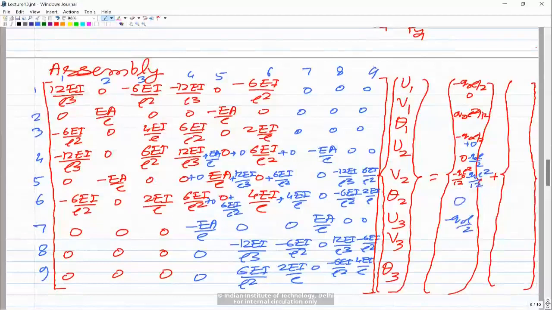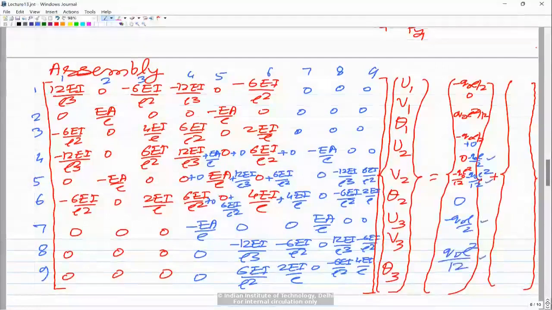So now we have first, second, third, this is fourth, this is fifth, and this will be sixth, q naught L square by 12, because this term is negative, this is negative, this is negative, and this is positive because it was negative. So this is the assembled load vector, and these are the 9 rows: 1, 2, 3, 4, 5, 6, 7, 8 and 9.